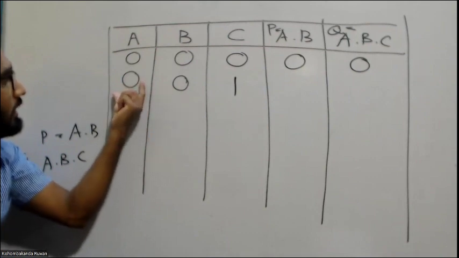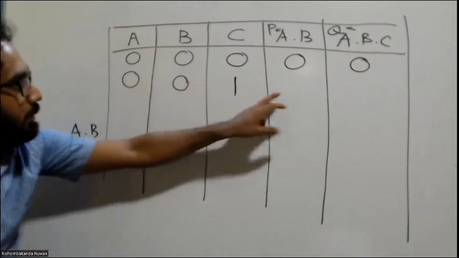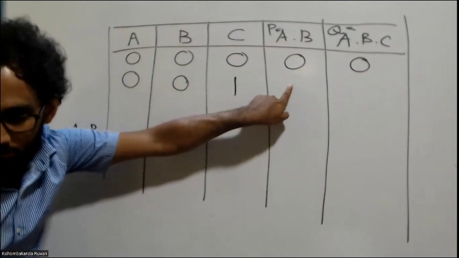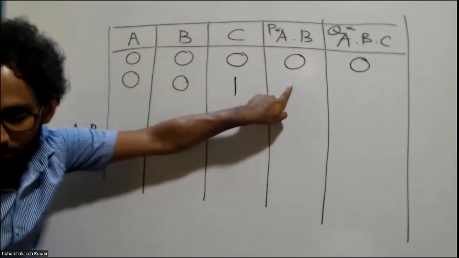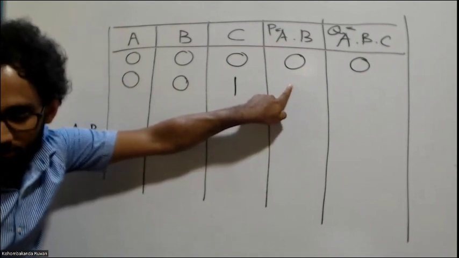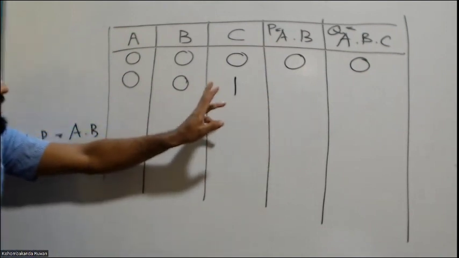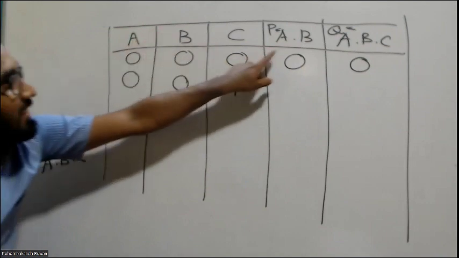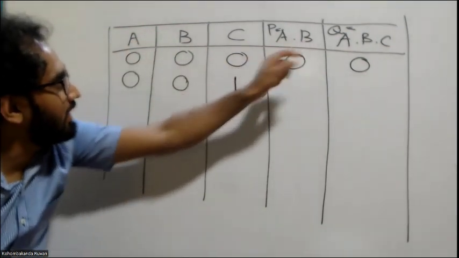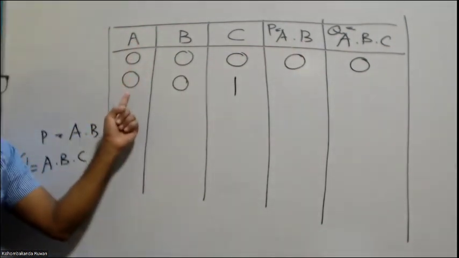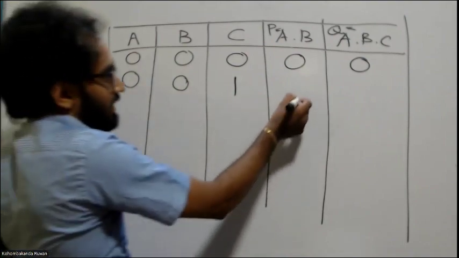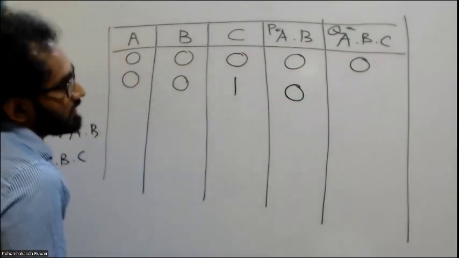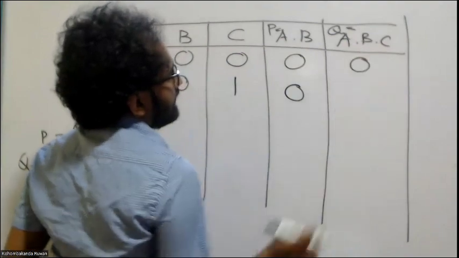What will be the result here? 0. Again 0. Here we have to get A and B, 0. Next one, A and B and C.